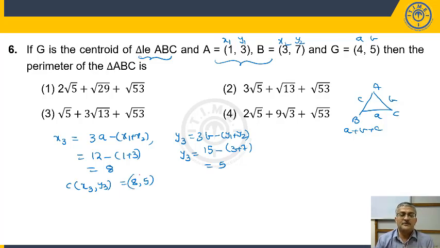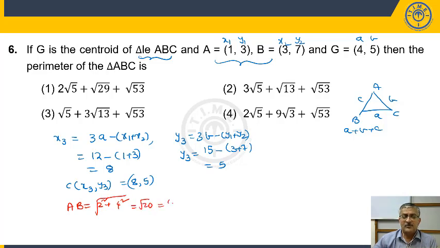So what we have to do is simply calculate the distance between the points. We already calculated the AB distance. What is the AB distance? Distance between these two points: 3 minus 1 whole square, that is 2 square, and 7 minus 3 whole square, 4 square, so root 20.